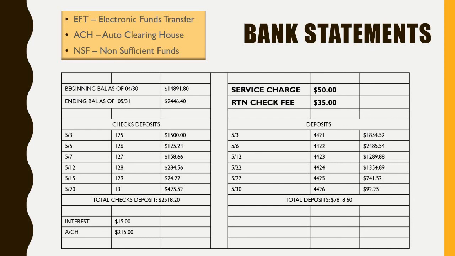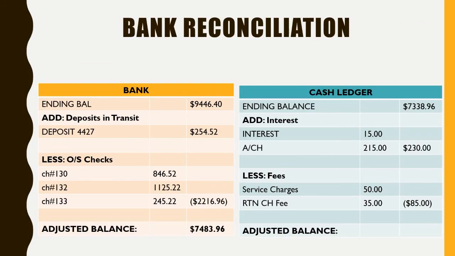Okay? And here, the return check fee. Once again, I wrote a bad check and I guess it bounced. So they charged me $35 because the check bounced. Okay. So once again, your fees can be infinite, right? It could be for any reason that you do something wrong with the bank. Okay. So therefore, I'm going to place that right here.